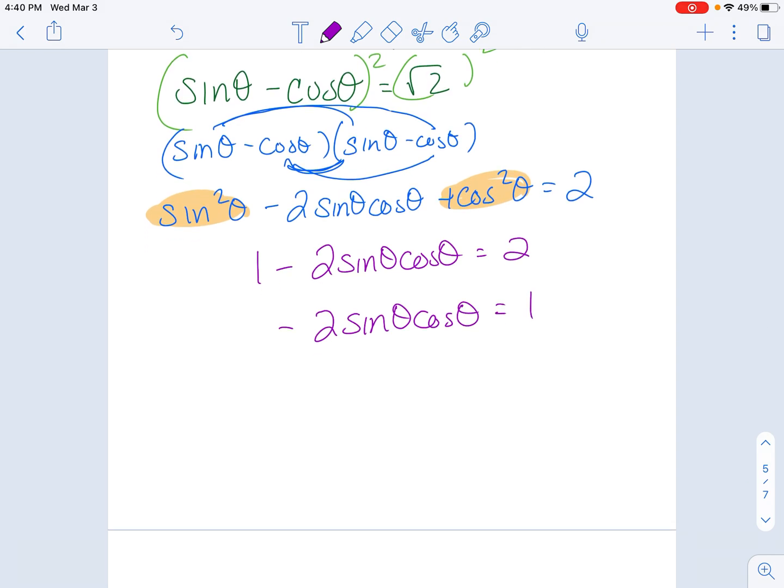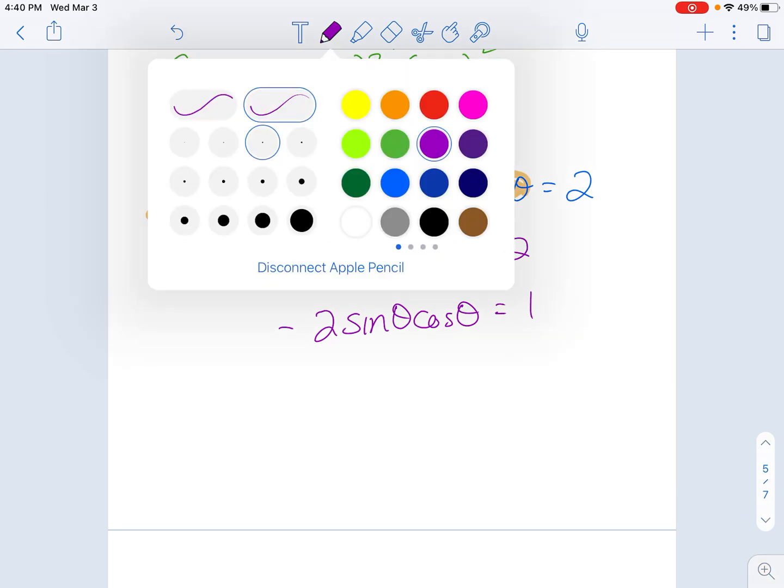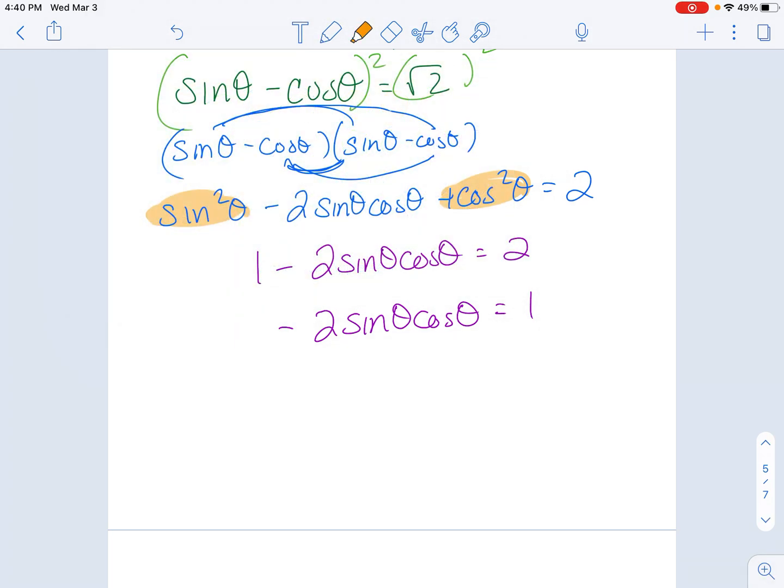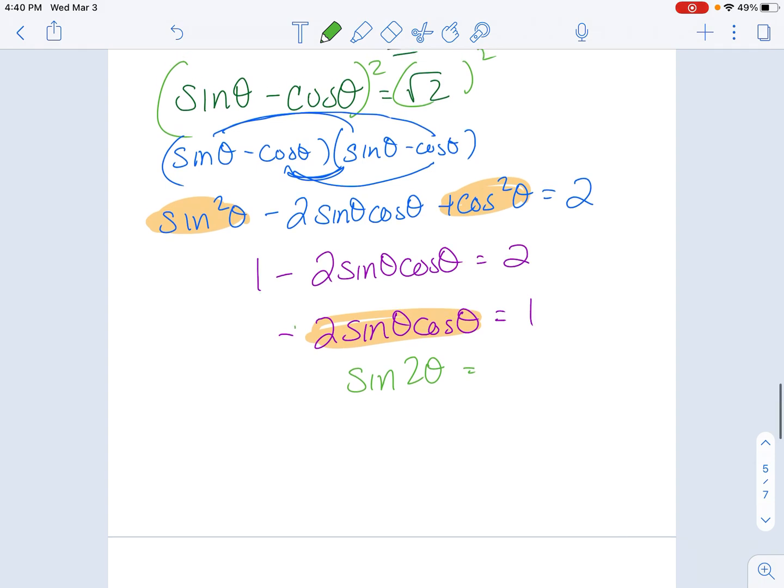Okay, now I don't want to divide by negative 2, because hopefully, again, you see that identity, that 2 sine cosine is on our identity sheet. That's sine of 2 theta. So all we really need to do is to get rid of that negative sign, so multiply or divide both sides by negative 1. So now that's sine of 2 theta equals negative 1.